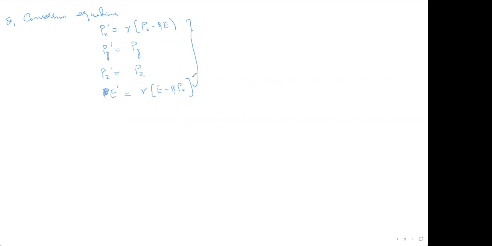Now you need to know, since we are dealing with frames of reference, remember here that this Px dash is just the momentum along the x-axis of secondary particles in the center of mass frame, right? Now similarly, what is Px then? Px is the momentum along the x-axis of secondary particles in the lab frame.